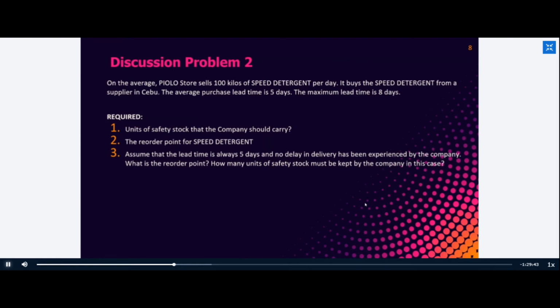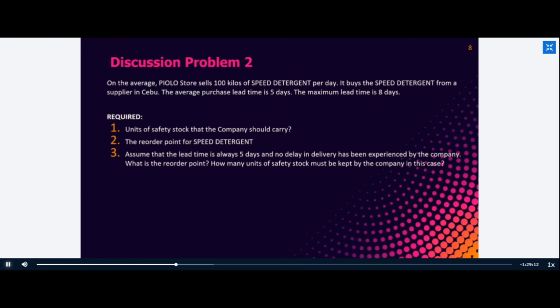Kung i-shi-ship niya through land 'no, baka mas makakatipid pero mas mahaba kaya nga naging 5 days, 'no. And then there's maximum lead time is 8 days, 'no. Ito na nga, kung halimbawa nagkakaroon ng delay, nasiraan si delivery truck or bumaha, use your imagination, 'no. So, kaya nagkakaroon ng maximum lead time, which is 8 days, okay?